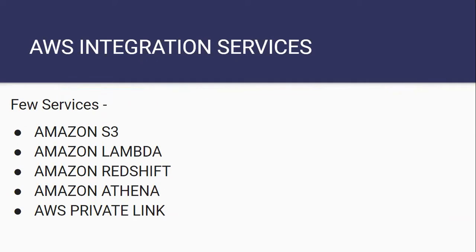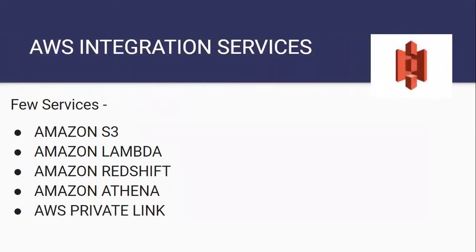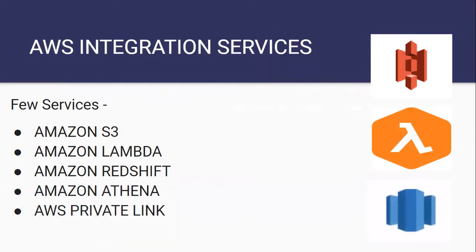Here are some primarily used AWS services. Amazon S3 can be simply abbreviated as Simple Storage Service. It is object storage through a web interface. Next is AWS Lambda. It is a serverless compute service for processing events.